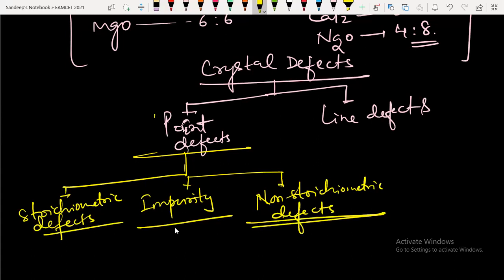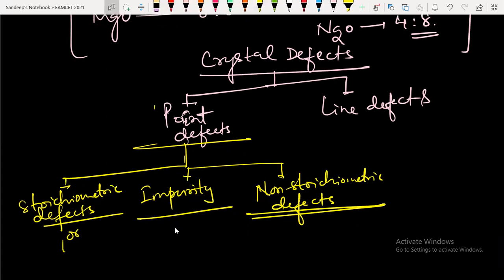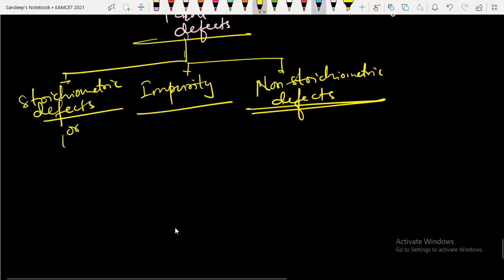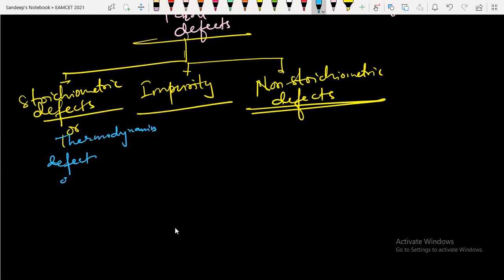Stoichiometric defects are also called thermodynamic defects or intrinsic defects.